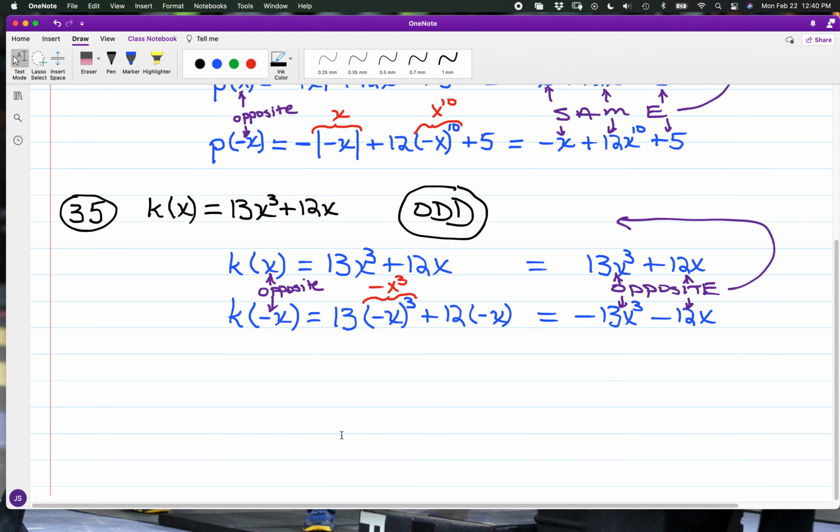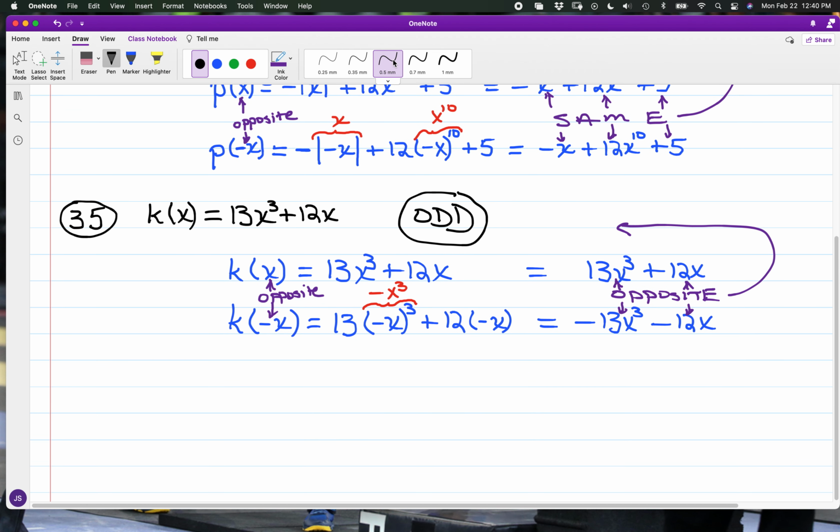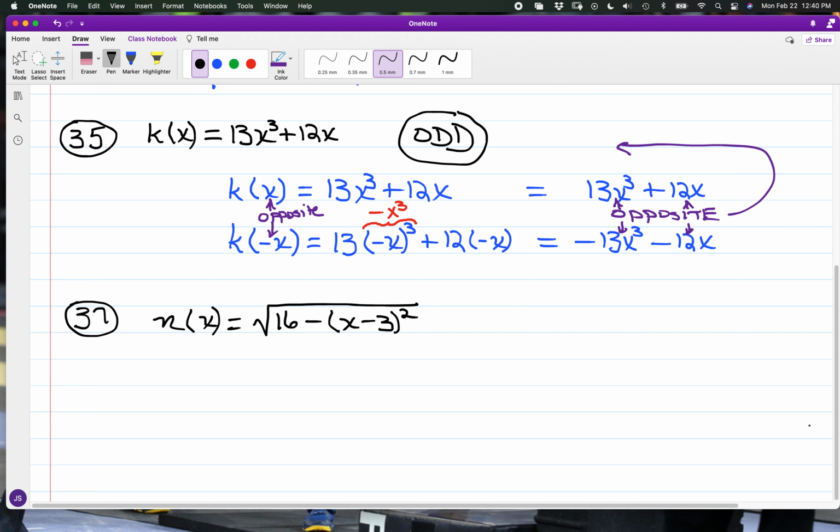Now, for what we have in the case of 37, we now have a function in the form of n of x is equal to the square root of 16 minus the square of the binomial x minus 3.